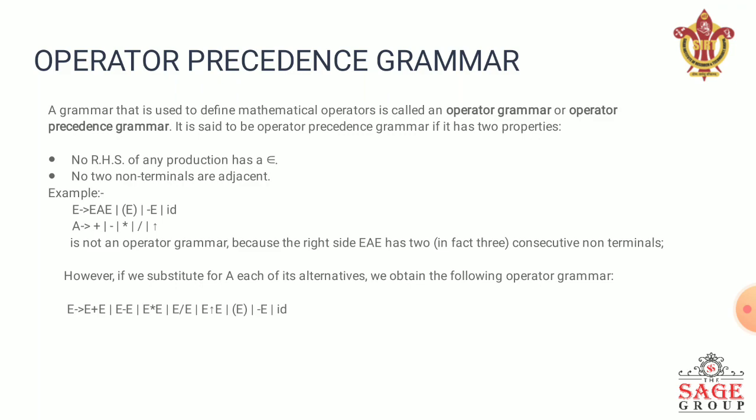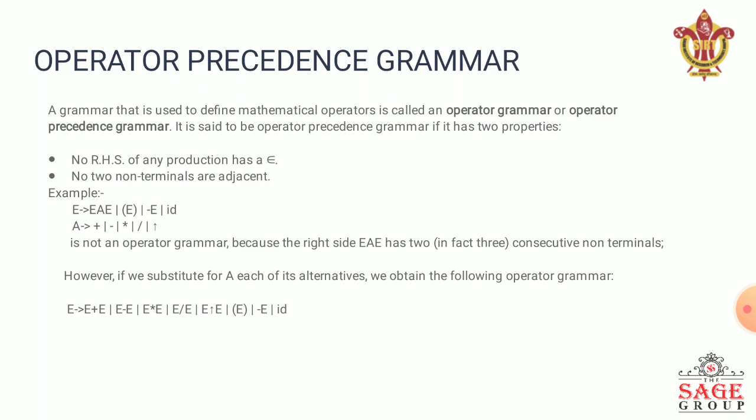So here we see an example where E produces E A E, and here we see that it produces two adjacent non-terminals. So this grammar is not an operator precedence grammar, but we can convert it into the form of operator precedence grammar by substituting the value of variable A in this production.